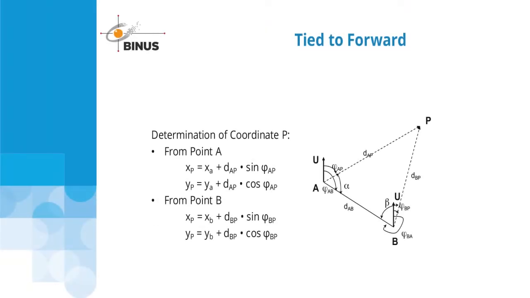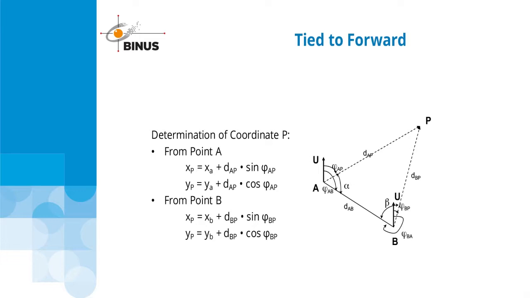To determine coordinate P, it can be calculated from point A or point B. If you calculate point P from point A, then xP is equal to xA plus the distance of A to P multiplied by sinus azimuth AP, and YP is equal to YA plus the distance of AP multiplied by cosinus azimuth AP.